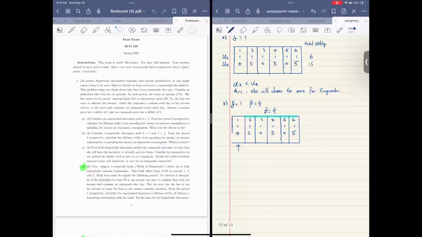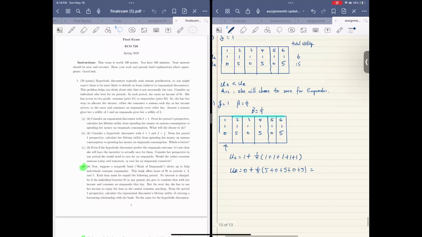So her total utility for US is 1 plus 1/5 times (1 plus 1 plus 1 plus 1 plus 1), and utility for empanadas would be 0 plus 1/5 times (5 plus 0 plus 5 plus 0 plus 5).